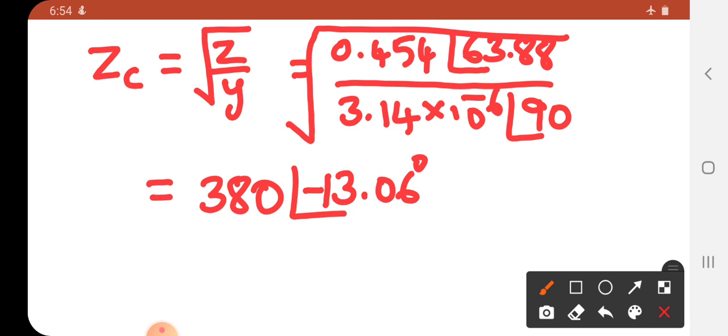Next, what is gamma? Gamma is square root of yz. Now you substitute this value.